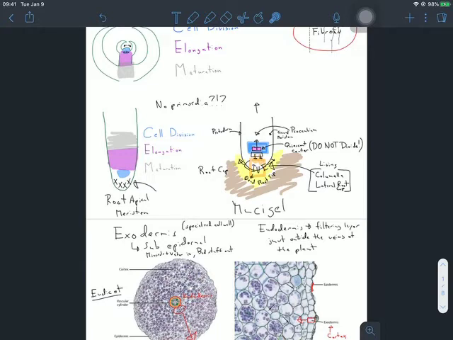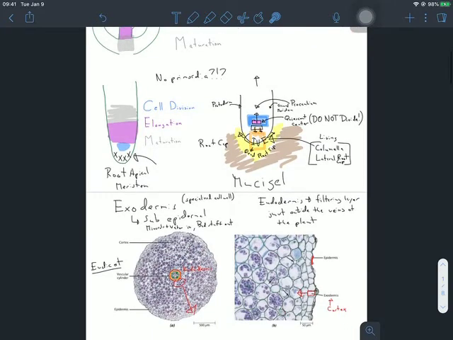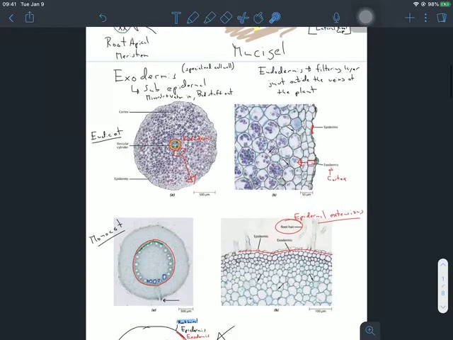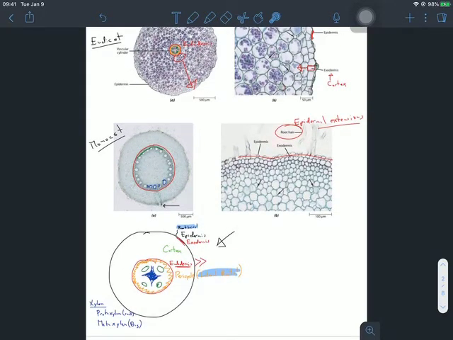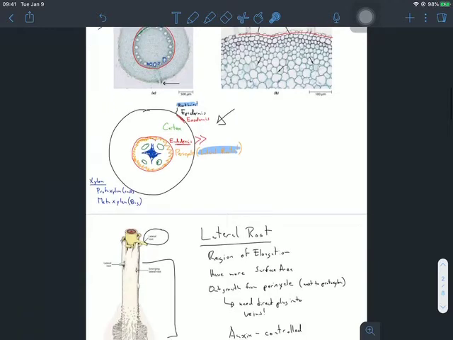We understand our quiescent center, the region of the root apical meristem that's not dividing, but playing the brain role for everything around, telling it when to divide. We understand the exodermis and endodermis, how those two different dermal layers help filter water for the plant. More on their cell structure later. And then we've, of course, got our discussion of all the different layers cutting from outside in onto our roots.